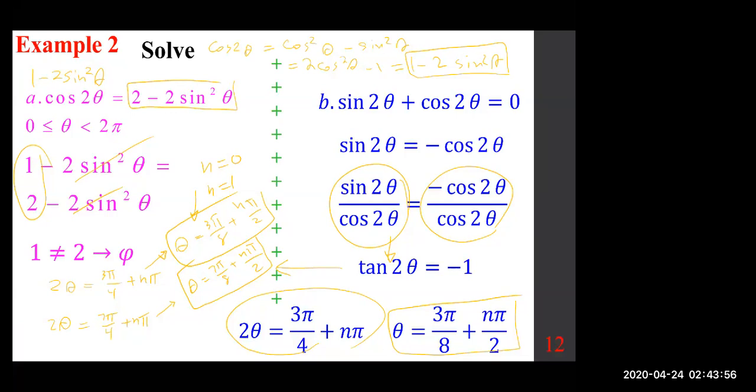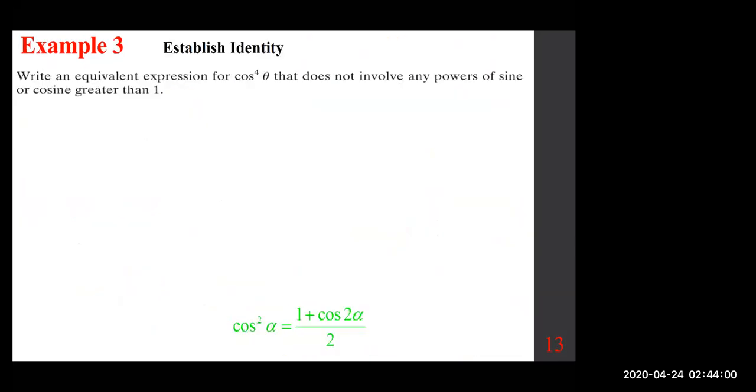Here's the next example. We want to write an expression for cosine to the power of 4 such that it doesn't involve any powers. And we remember this one.